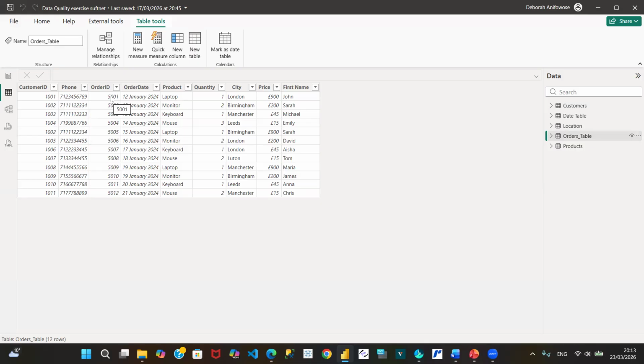And when they made this order, this is the ID that was generated for that particular order. On this date, what they ordered was a laptop. They ordered one laptop in London and they paid £900. And their name is John. Because we are within the orders table, John with customer ID 1001 could actually place another order and appear again on another row.